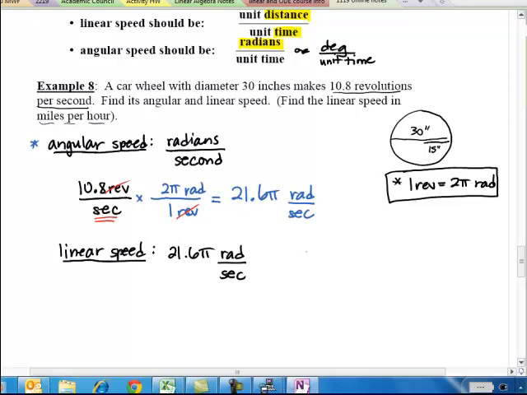And we want to get to miles per hour. So we've got a ways to go because we don't have miles or hours here. But we can multiply by the right factors. It'll be easy to convert seconds to hours, so let's not worry about that yet.